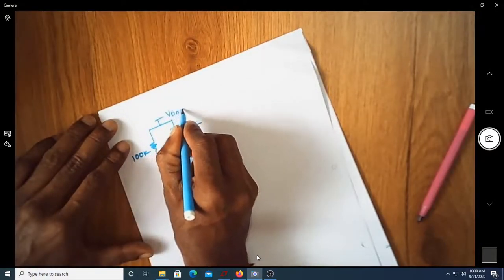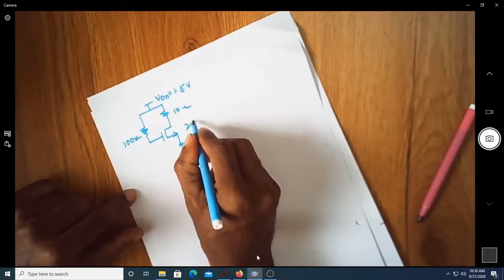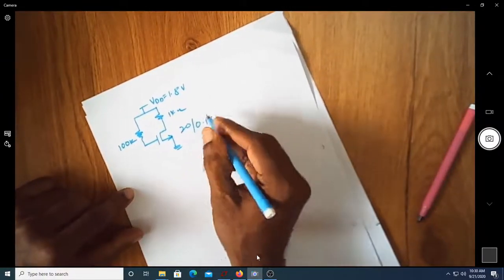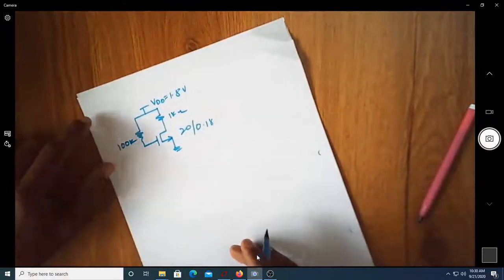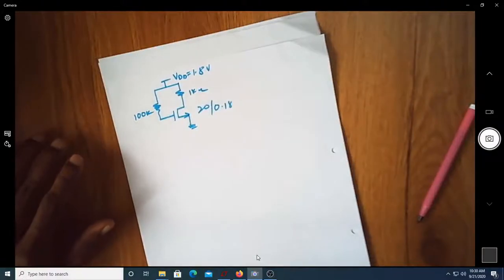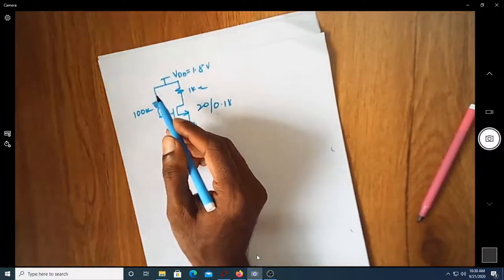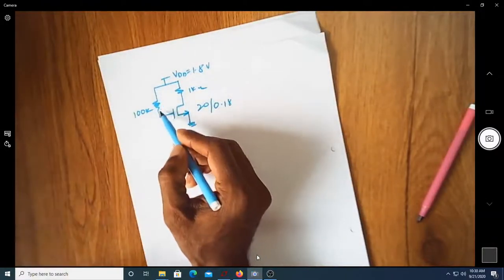This is VDD is equal to 1.8 volt. So this is 20 by 0.18 is the WL. Okay, now let us see what is this. Now in the first problem we had a circuit where this was shorted to the gate, sorry, the VDD. Now it is through this resistor. Okay, this is the slight difference here.